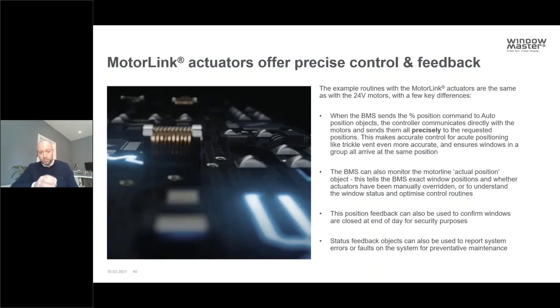Send them to a max position of 0%, and we can read back that the windows are indeed closed, and we've got positive affirmation that the windows are closed and the building is now secure. There's also the potential for other objects, if we wanted to read those. For example, we could use that for reporting system faults or errors on the system, which could be used for preventative maintenance.